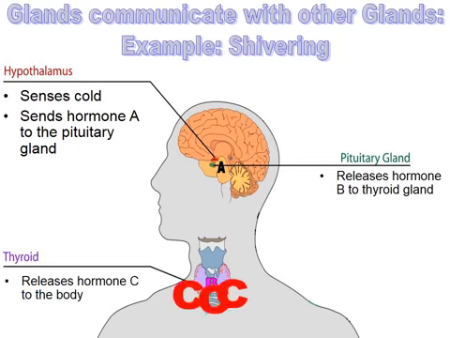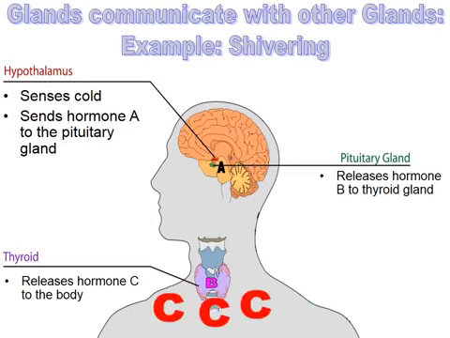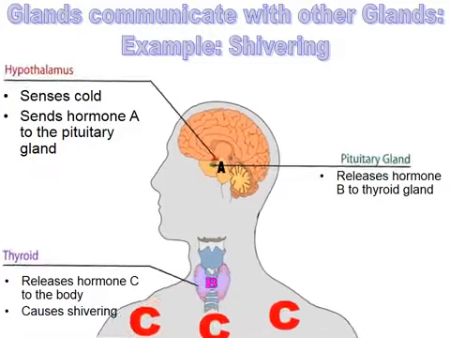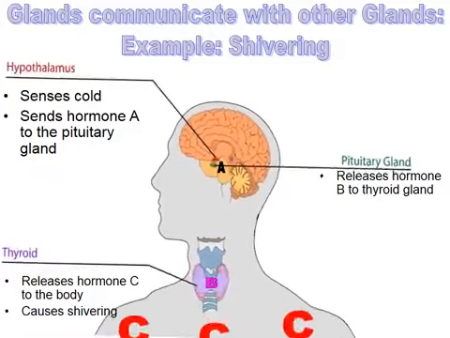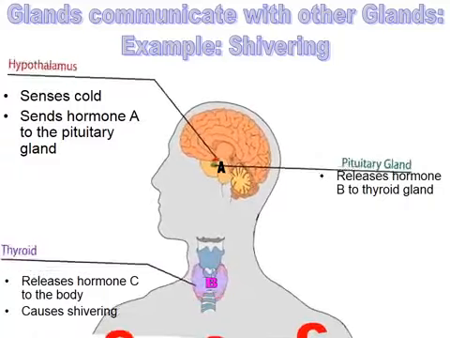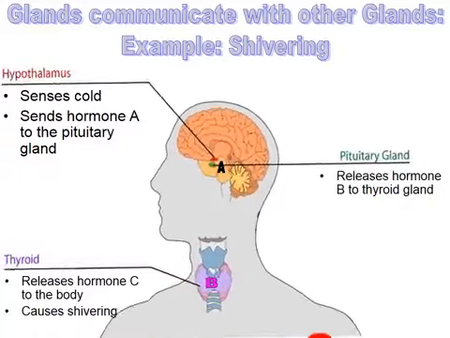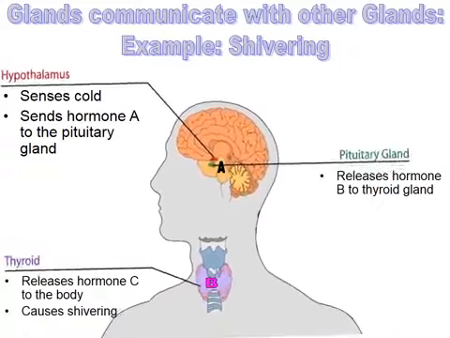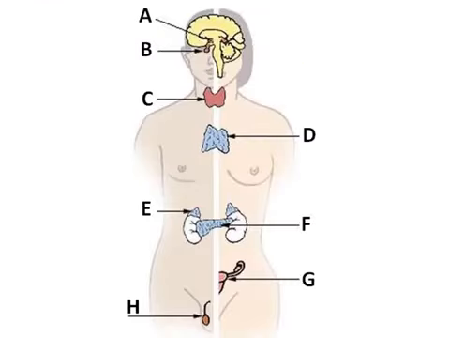The thyroid gland will receive hormone B and then respond by sending out hormone C all throughout the body. Hormone C is the hormone that actually causes shivering. This is just a great example of what I mean by glands communicating with other glands in order to achieve a purpose. Shivering would cause the person to generate heat to warm themselves.